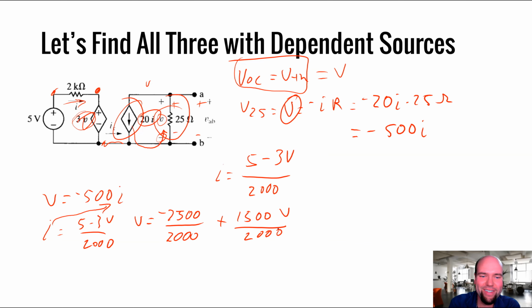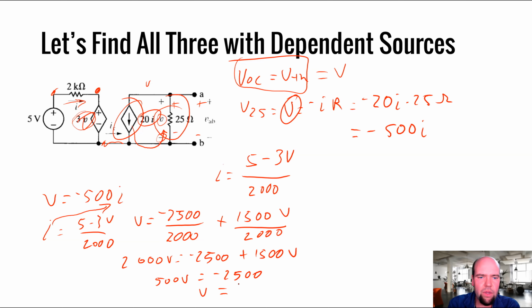I hate fractions, so let's multiply by 2000. 2000V equals negative 2500 plus 1500V. Another way to put that is 500V equals negative 2500. V equals negative 5 volts.